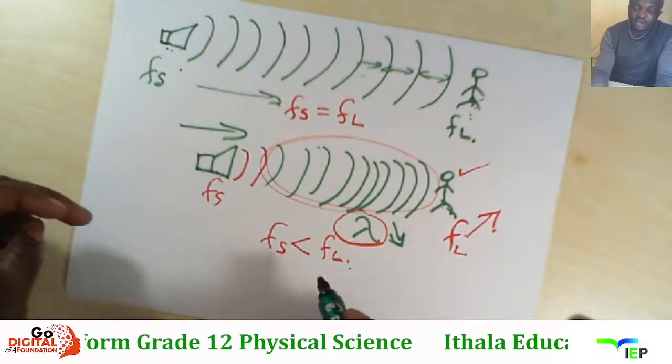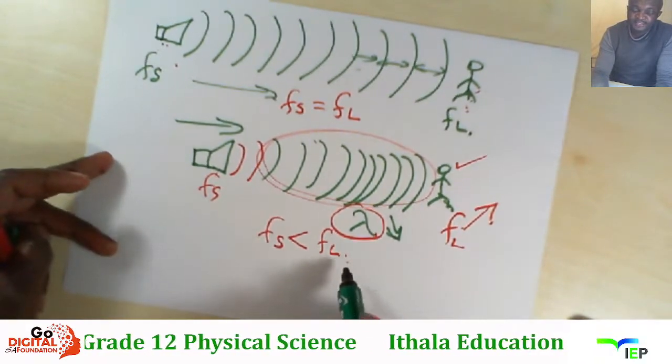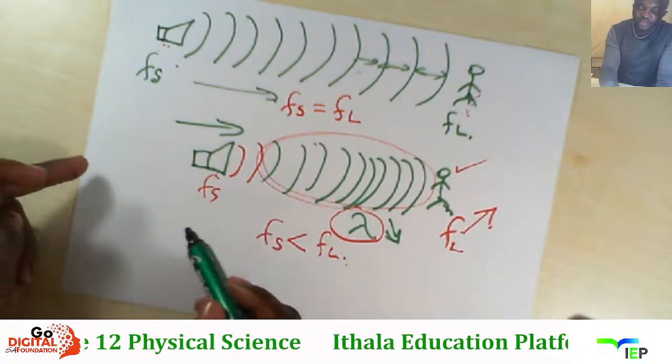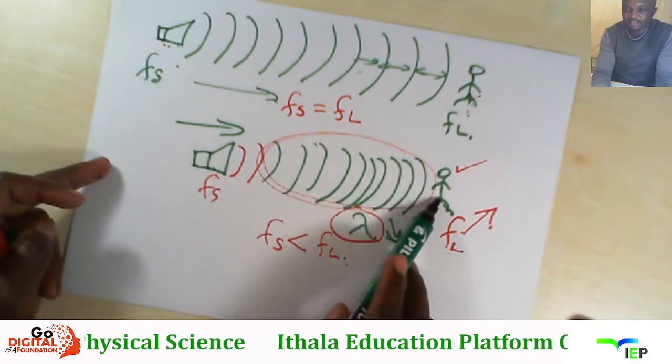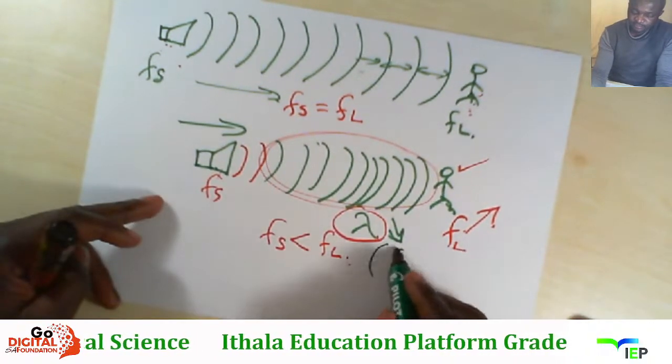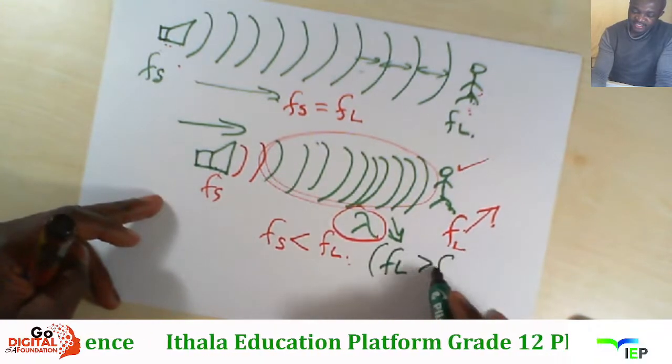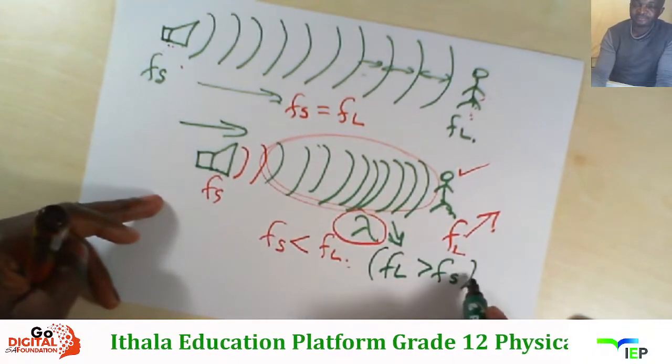Right. What will happen if this sound is moving away? Here it is toward the person, and we find that the frequency of the listener is greater than the frequency of the sound.